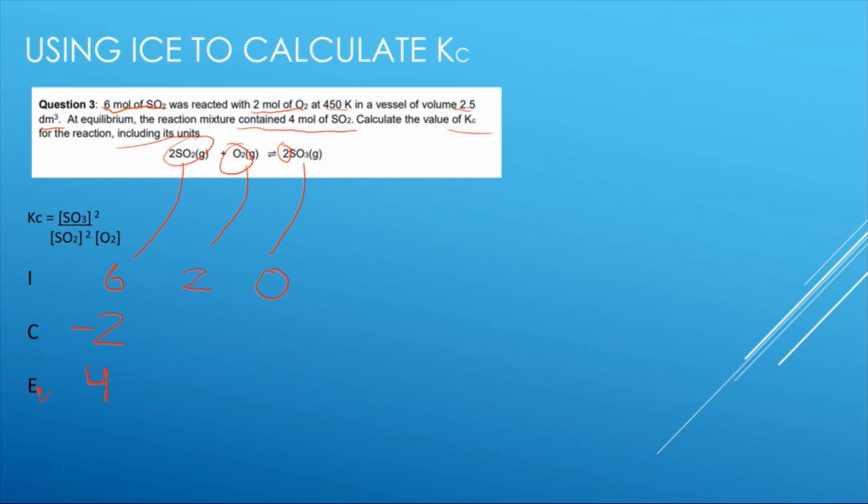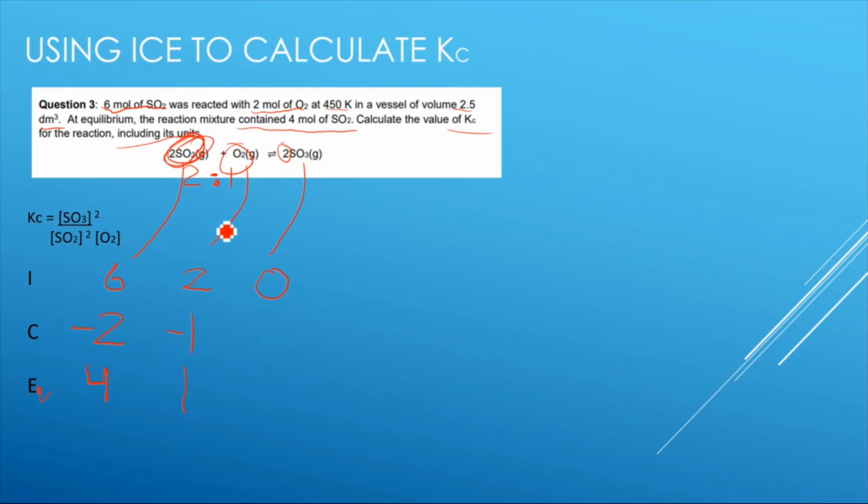So then we take into account the coefficient of each of these, so the number of moles in the equation. So we know that the ratio from SO2 to oxygen is 2 to 1. So then we would know that the change in moles for oxygen would be half of SO2. So this would be -1. So that's why it's 2 minus 1, we would have 1 mole left.